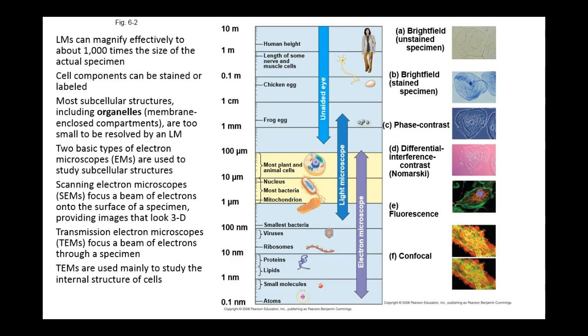You have scanning electron microscopes, which we call SEMs, and what they do is they bombard the surface of what one is looking at, and that makes great topography so that you can see what the outer surface would look like texturally.